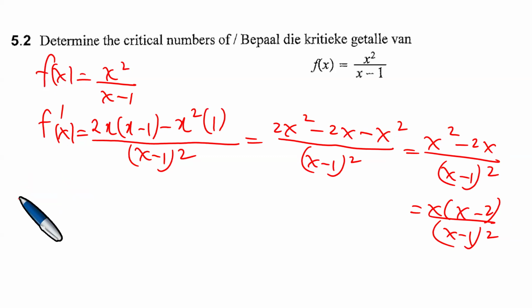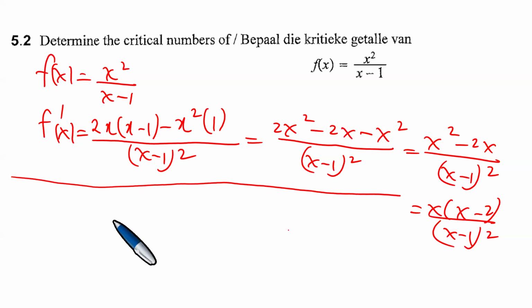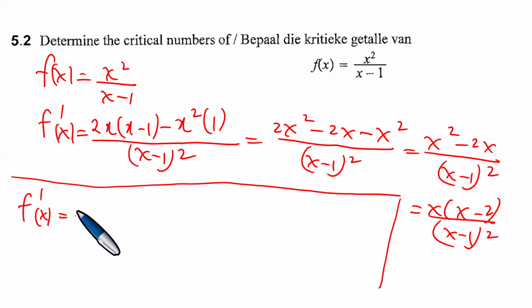So you're going to proceed and say, if f prime of x is 0, we have the following.